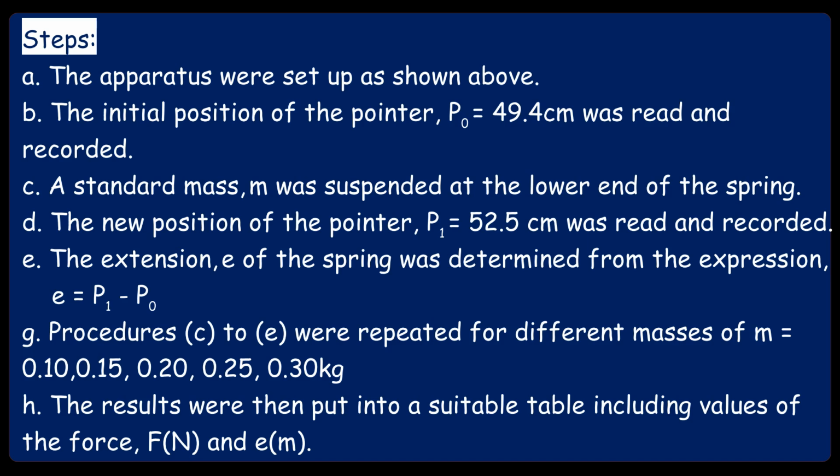Procedure H, the results were then put into a suitable table, including values of the force F in brackets N, and also the extension in meters. You realize our extension, you've been getting it in centimeters, so we have to include the column. Here we're going to change it in meters.